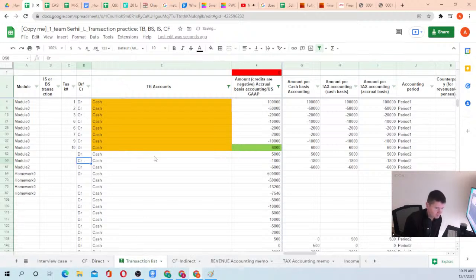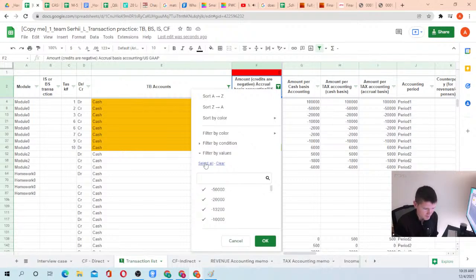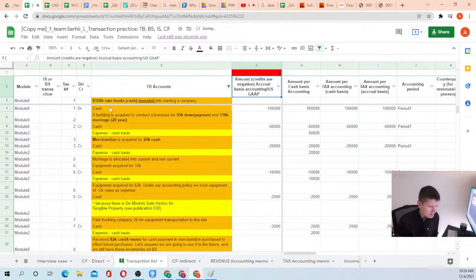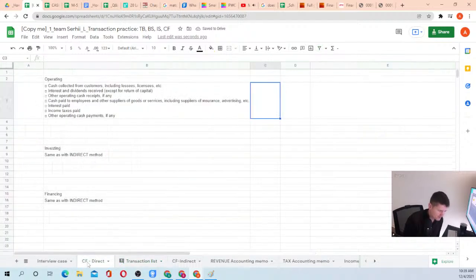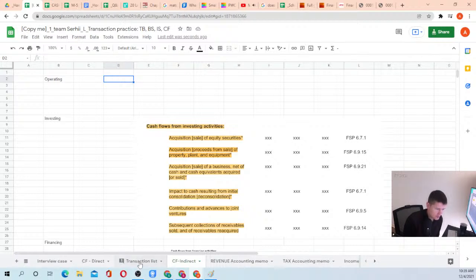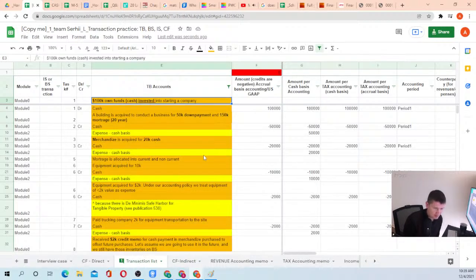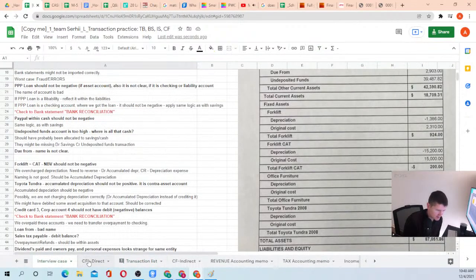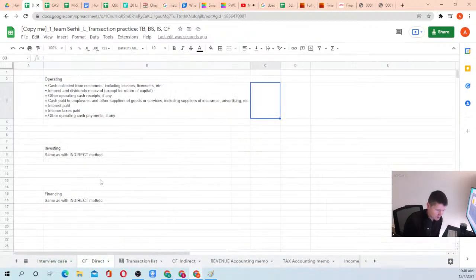Okay, so our old transactions from the first lessons. 100K funds. So I will do all of that manually now, but at some point we will make all of that with formulas. But now let's take a look at a couple of transactions one by one.